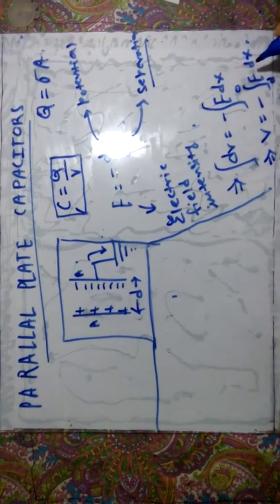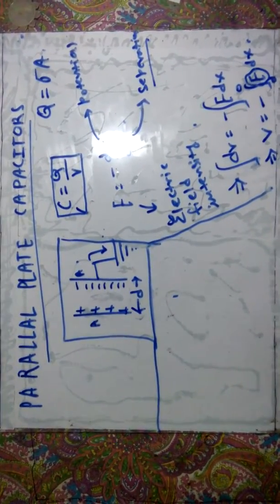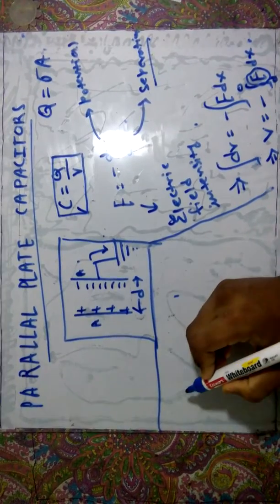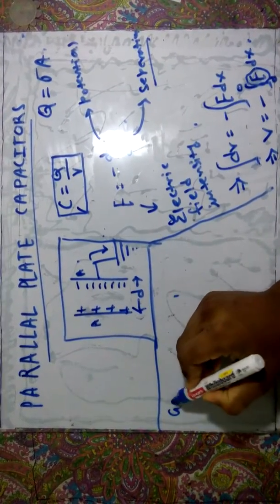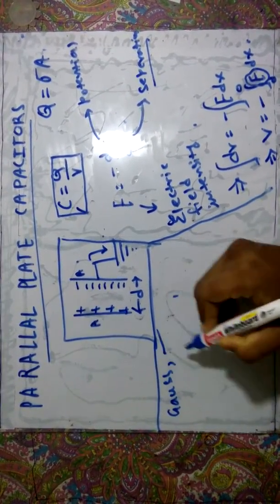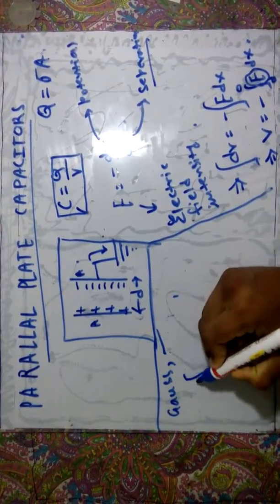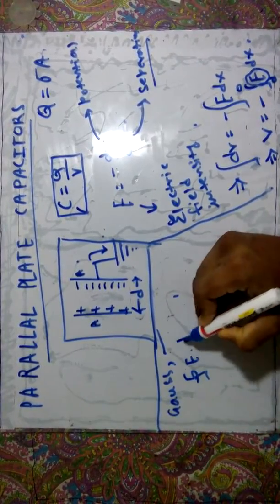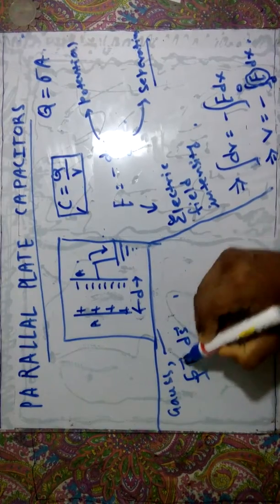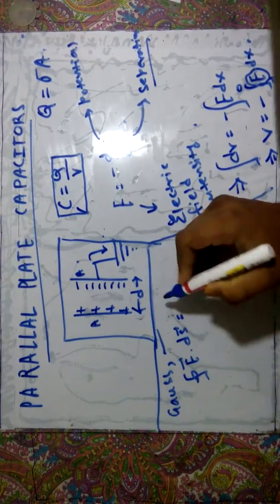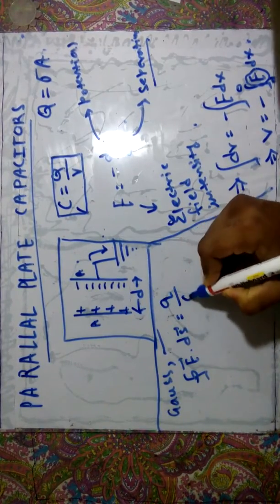Now we have another unknown, E, so we have to calculate E. From Gauss's law, the closed integral of E dot dS equals Q by epsilon 0.